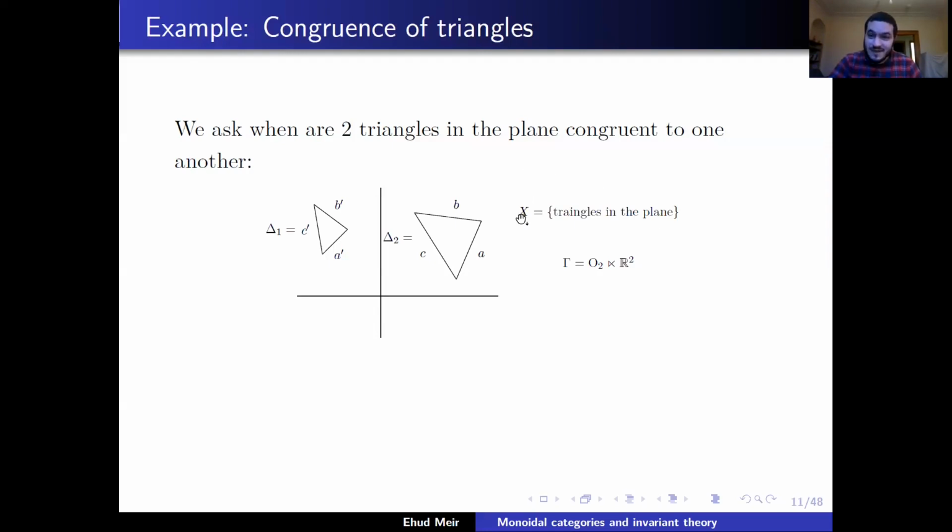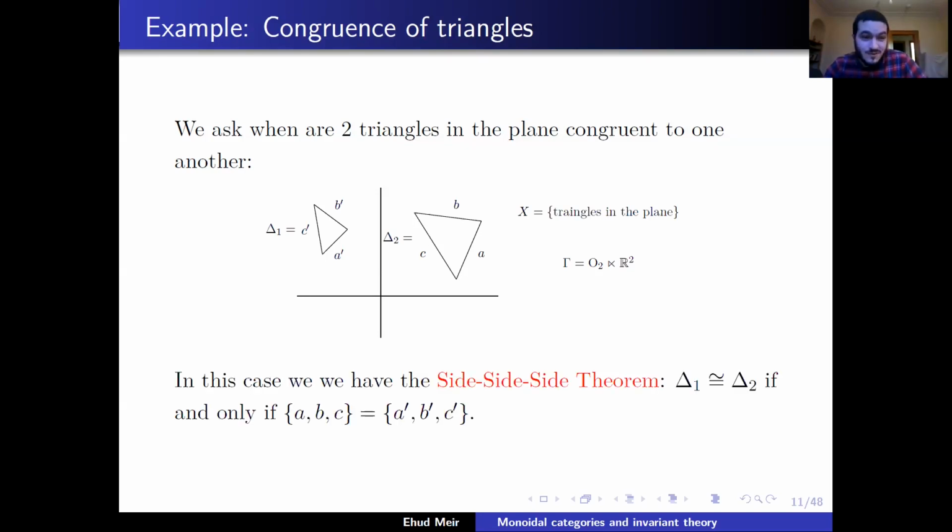In other words, we have X, the set of triangles in the plane, and Γ is the group O_2 semidirect product R², where R² is for translation and O_2 is for rotation and reflection. And we ask, what is the quotient X mod Γ? What are all the equivalence classes, or what are all the orbits?